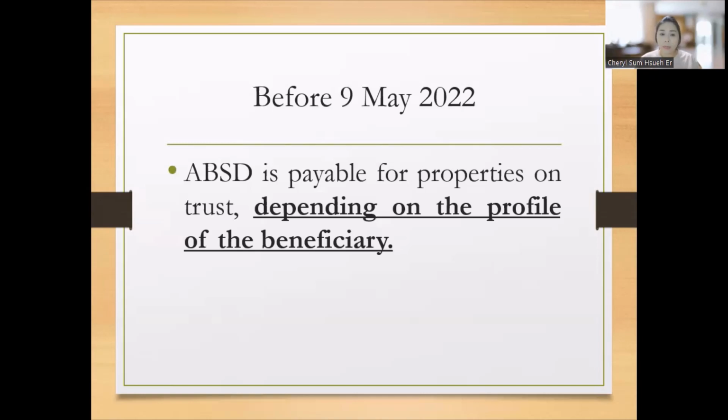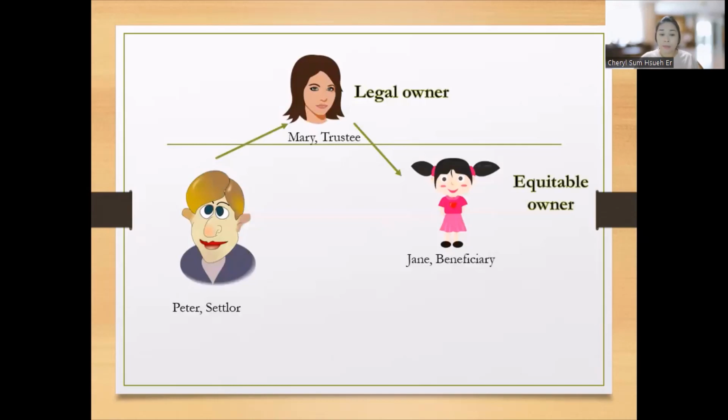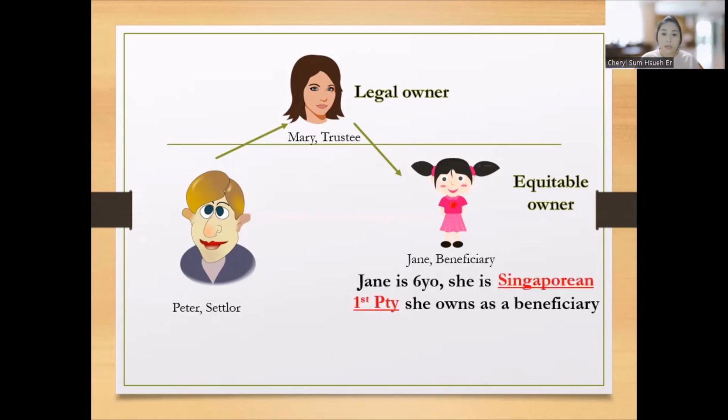Before 9th May, effectively, additional buyer's stamp duty is payable for properties on trust depending on the profile of the beneficiary. This means something like this. Peter, Mary, and Jane, these are the three parties involved in this trust. Here, whether ABSD is payable or not is going to be dependent on Jane, the beneficiary. In this case, let's give this some story.